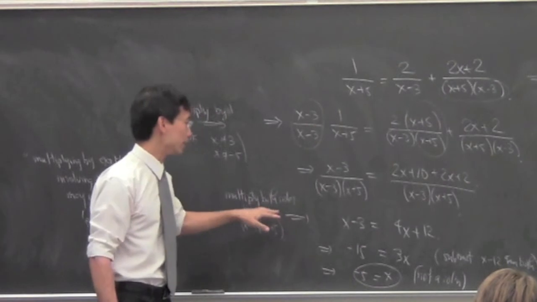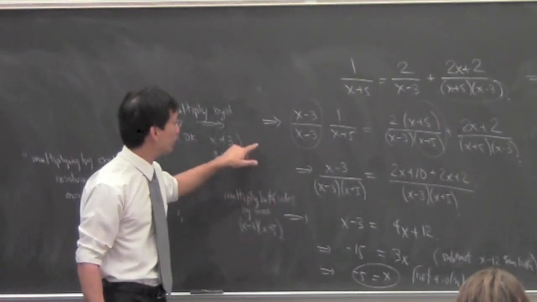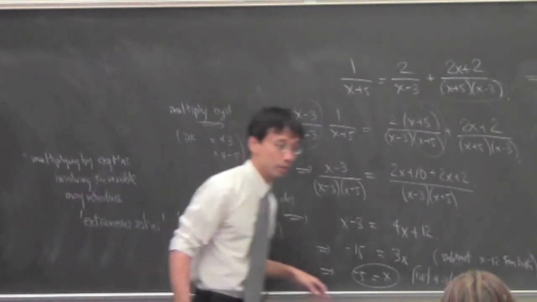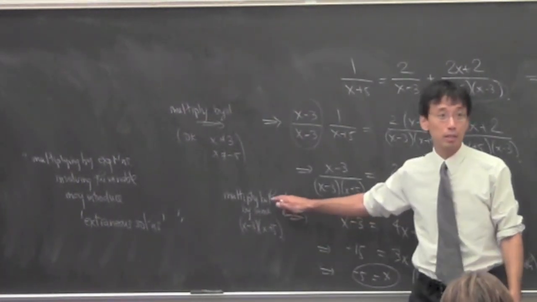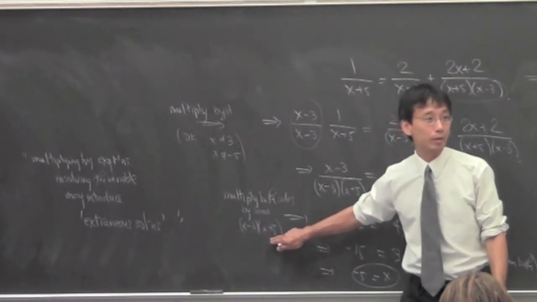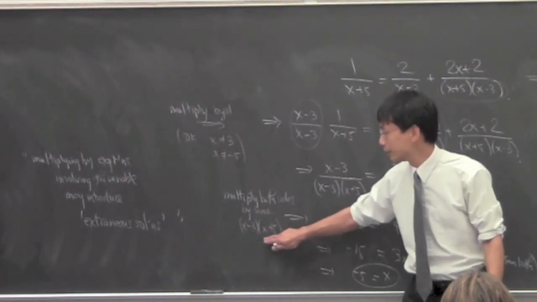Okay. Another way of saying that is that when we multiplied by this thing, we had to make sure this move was only legal if these things were non-zero, right? We could only make these moves as long as these things were non-zero.